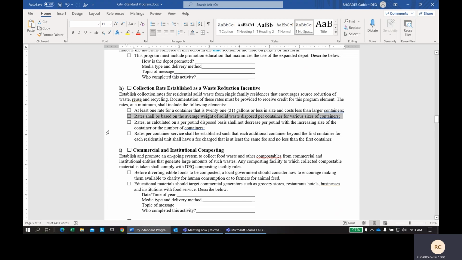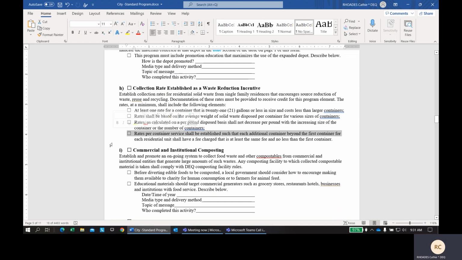So this would require that you do some sort of study or establish the rates for the average weights of solid waste. Next, the rates as calculated on a per pound disposed basis shall not decrease per pound with the increasing size of the container or the number of containers.